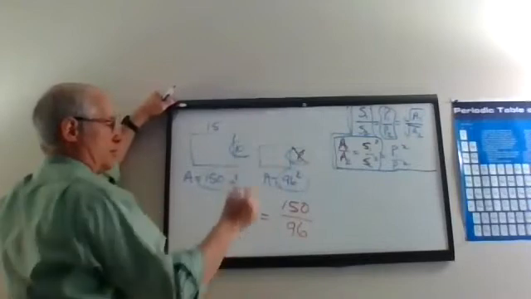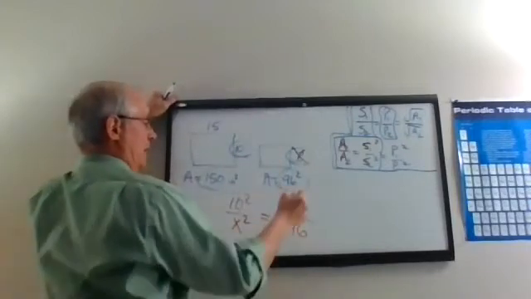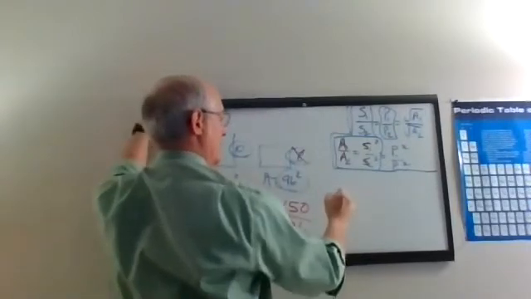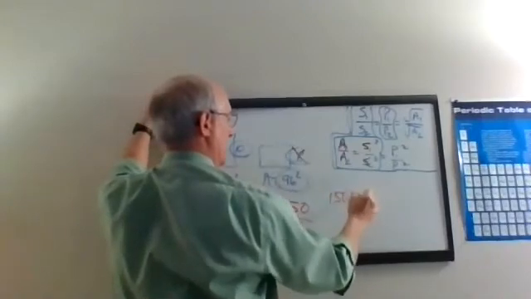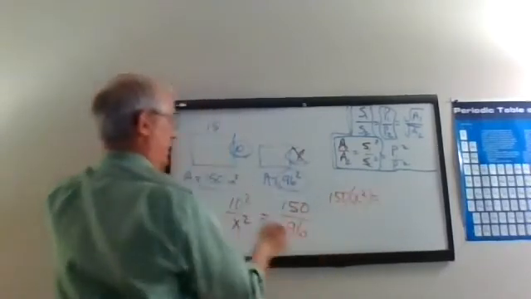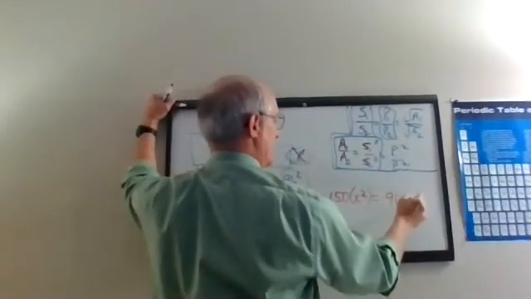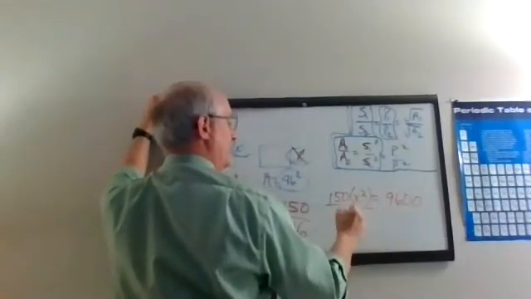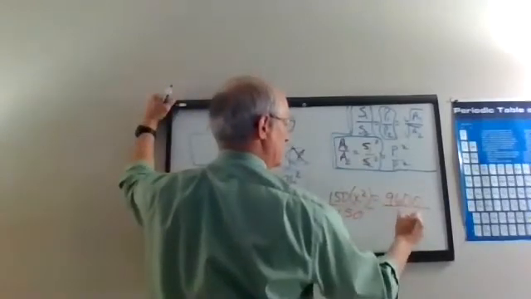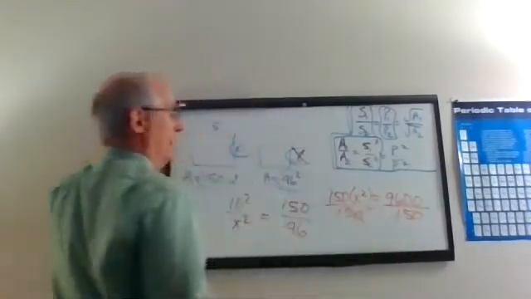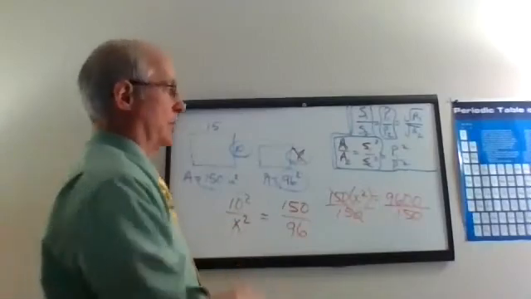Okay, so now it's just a matter of finishing it up. 150x squared equals 10 squared, which is 100, times 96, which should be 9600, and divide by 150. After you divide by 150, take the square root of both sides.